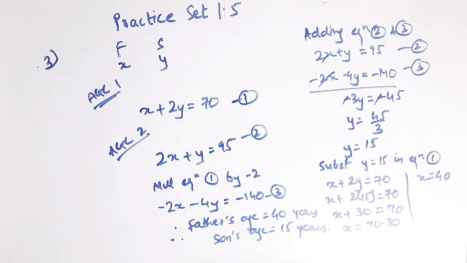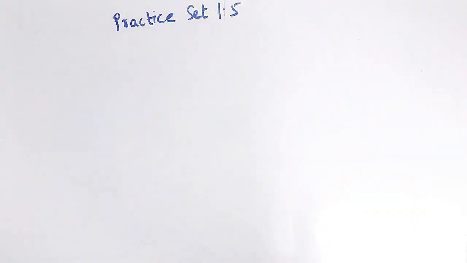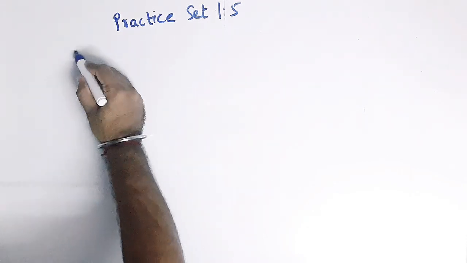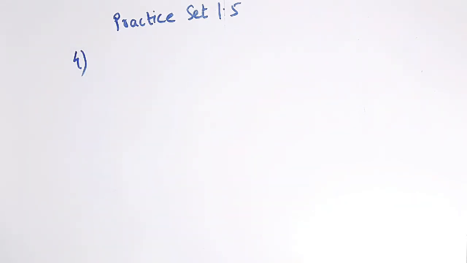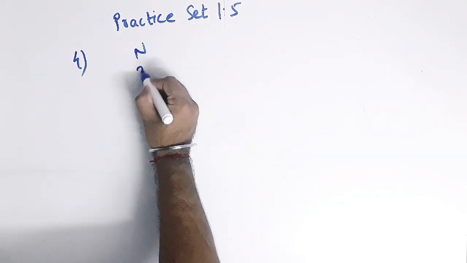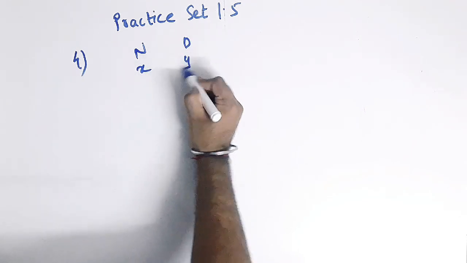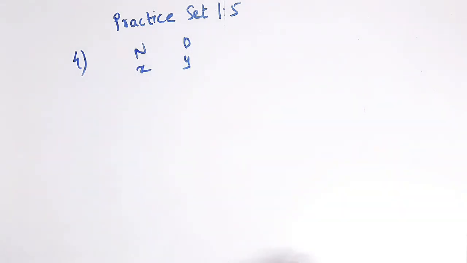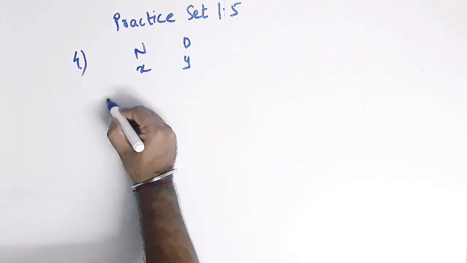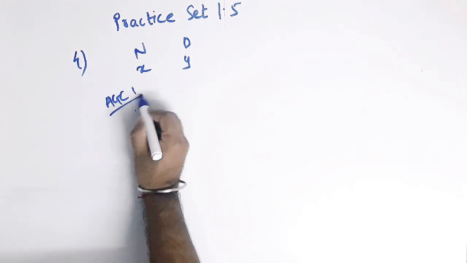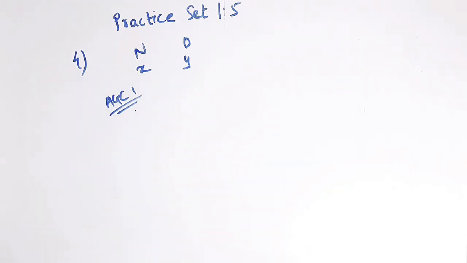Next, fourth one we'll do. Sum number 4 says that the denominator of a fraction is 4 more than twice its numerator. Let us first take numerator as x, denominator as y. Now what they have given, we'll take it as equation 1 according to given condition 1.